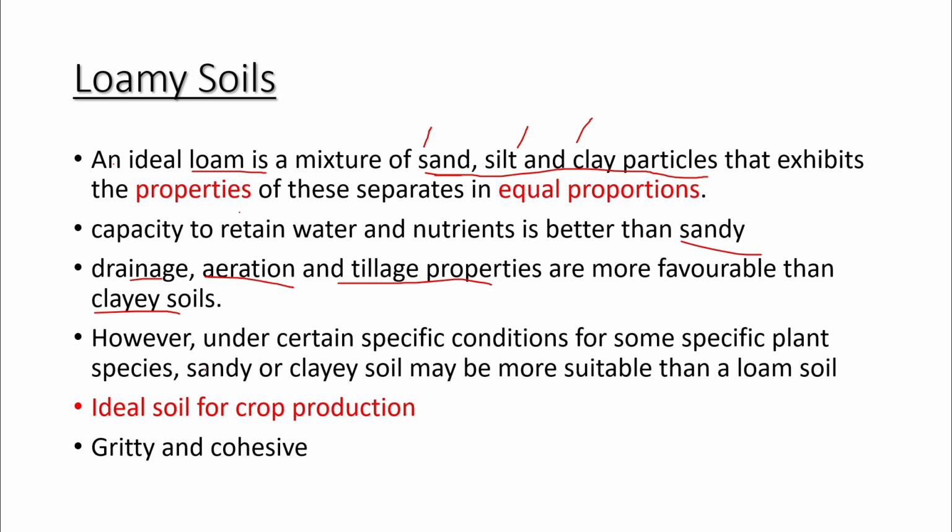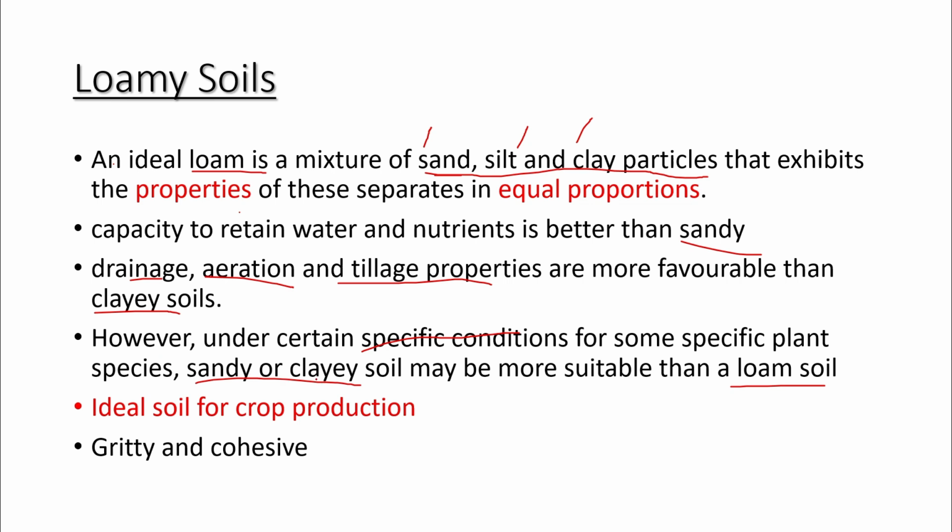However, under certain specific conditions, for some specific plant species, sandy or clay soil may be more suitable than a loamy soil. So the suitability of a soil depends upon the plant species under specific conditions.